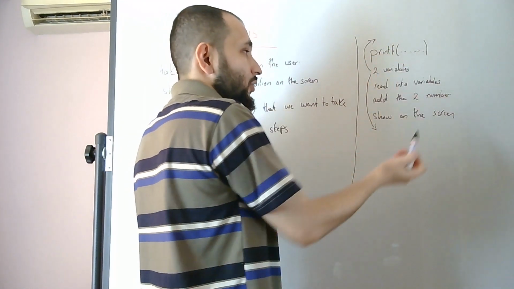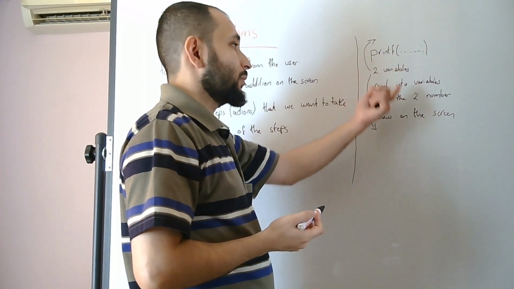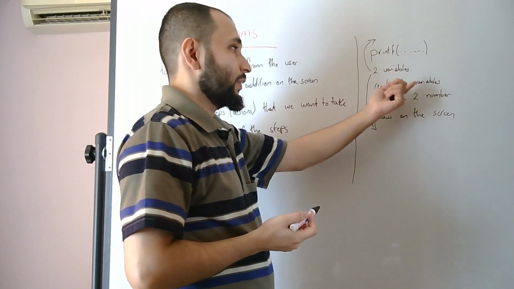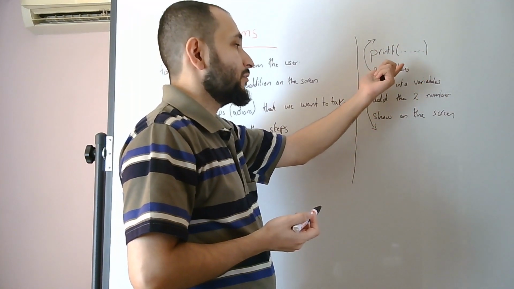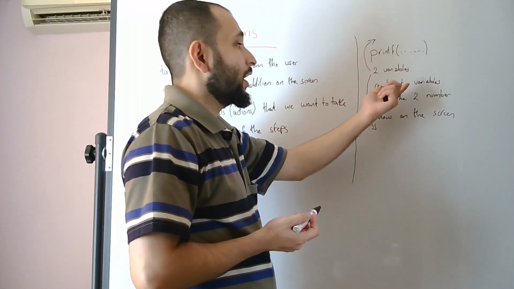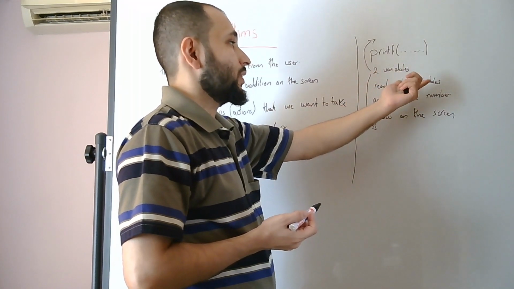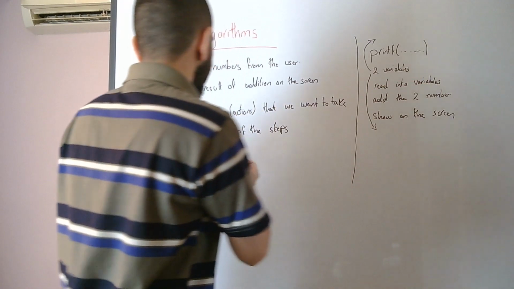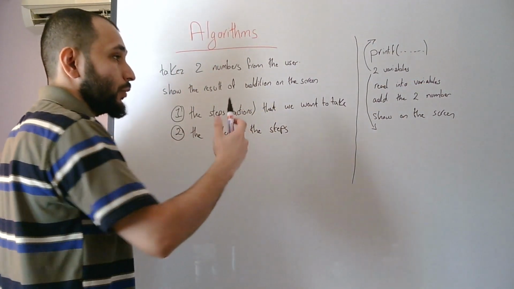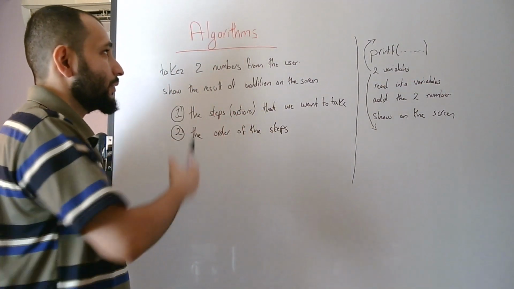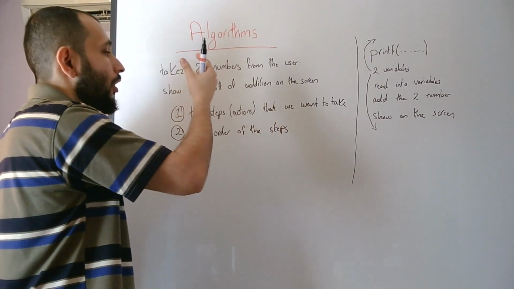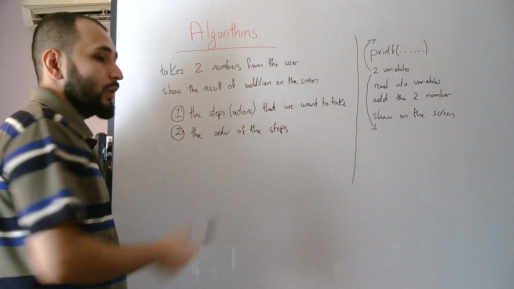We cannot do that, because we need these variables before reading into variables. It's very important that these two variables are defined before we can read any values into them. So you can see that the order of the steps that we want to take is also very important when we are trying to come up with algorithms.